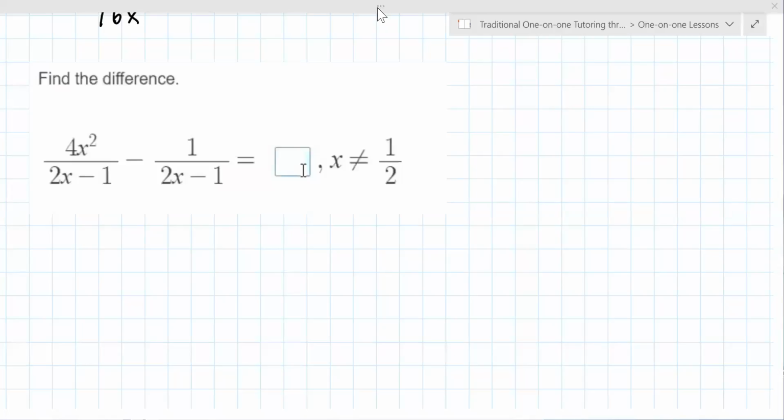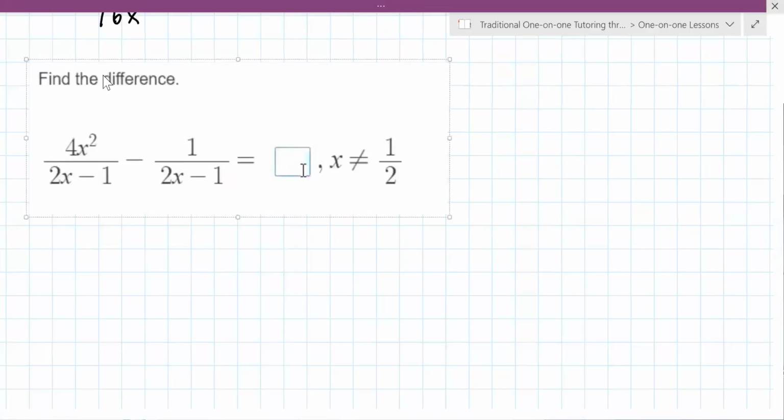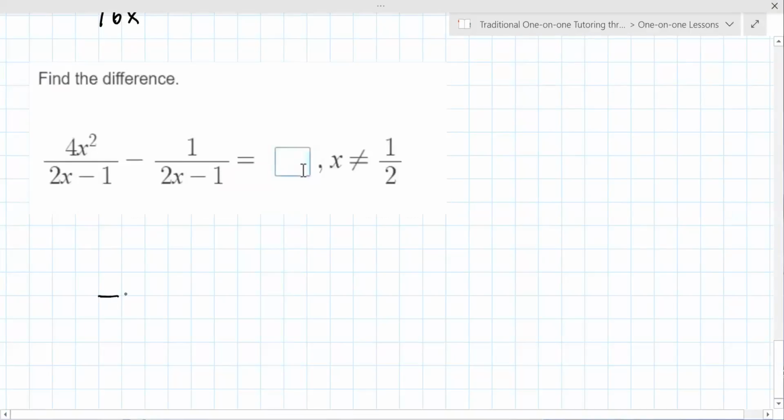All right, so in this one, the bottoms are the same already. That's good. That's what allows you to combine them. So the bottom is 2x minus 1, but the top is 4x squared minus 1. The top is what is called a difference of squares.